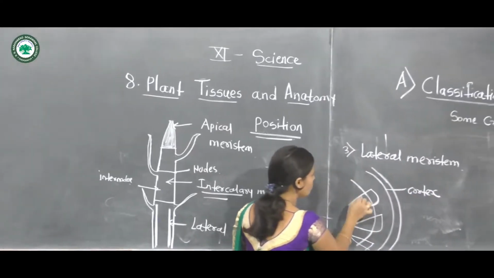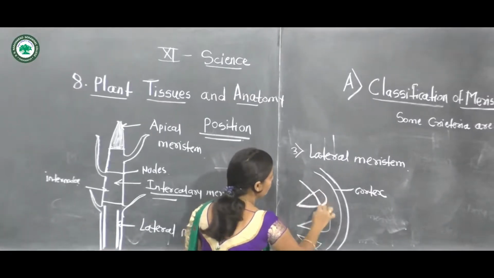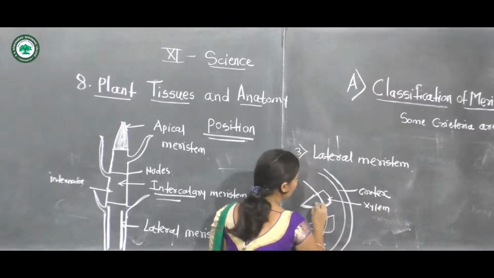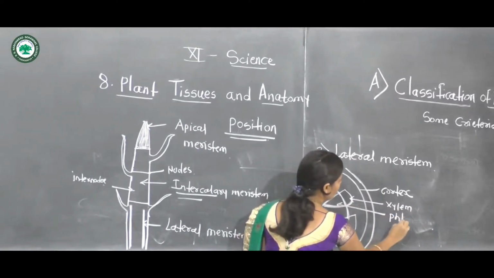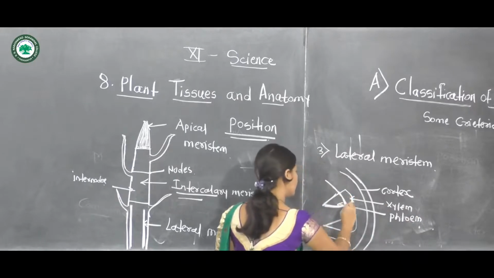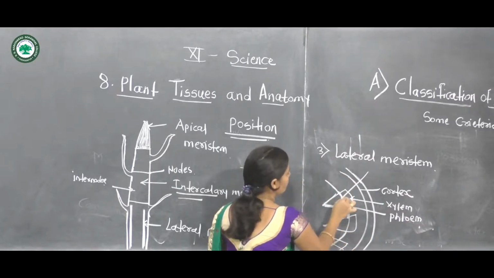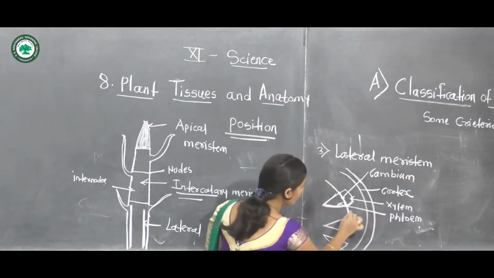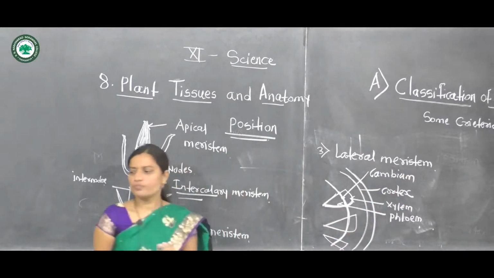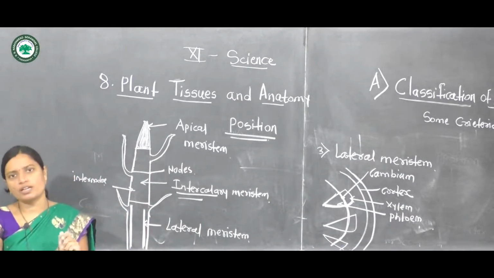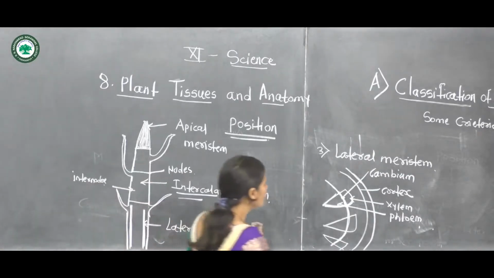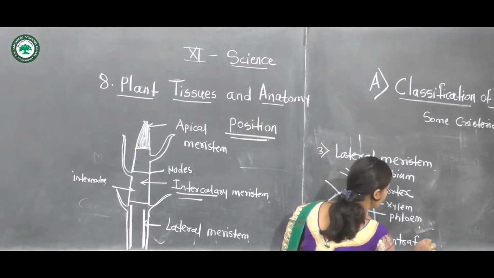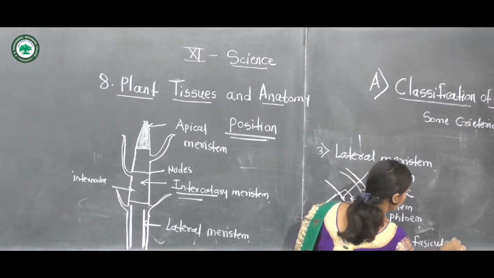In the vascular bundles there are the xylem and phloem, and in the middle portion is the cambium. In this mid portion, the intrafascicular cambium is also found. This is the intrafascicular cambium.